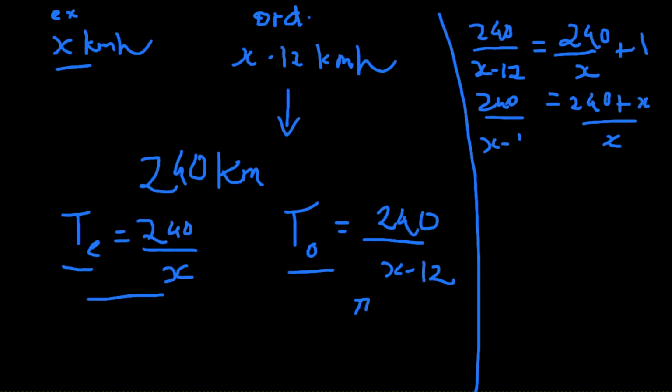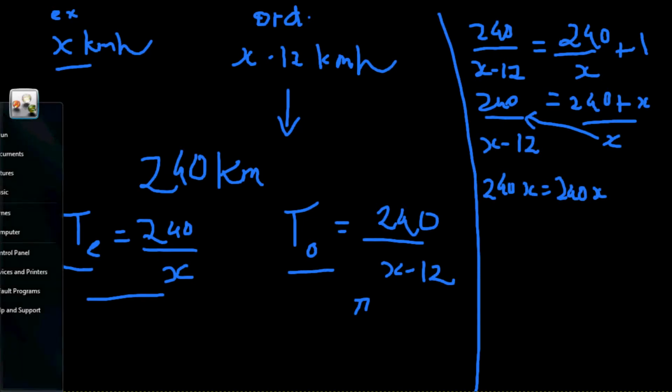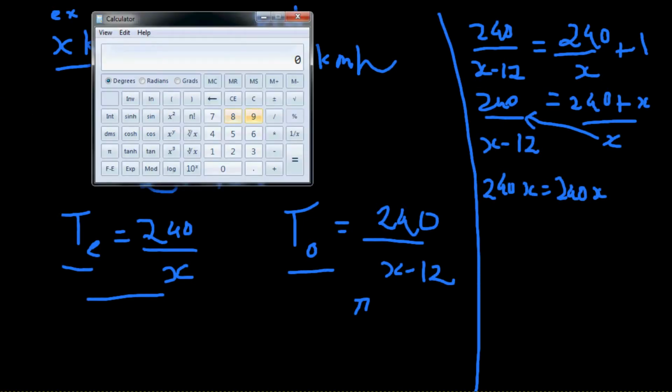So x multiplied by 240, so 240x is equal to, now you multiply x minus 12 and 240 plus x. So let's just take 240 first. 240 into x, so 240x. 240 into minus 12, which would be, calculator. And yeah, I'm using the calculator just to save time in the tutorial because I have limited time. But you should definitely do the calculations on your own.